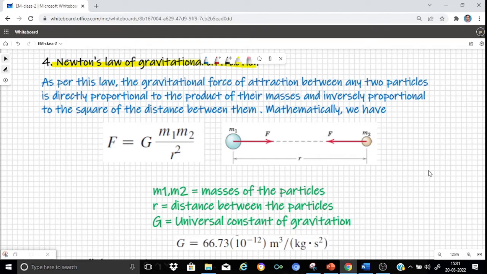So please remember that while Newton's first and second laws are very much used in dynamics, we use Newton's third law and fourth law extensively in statics.